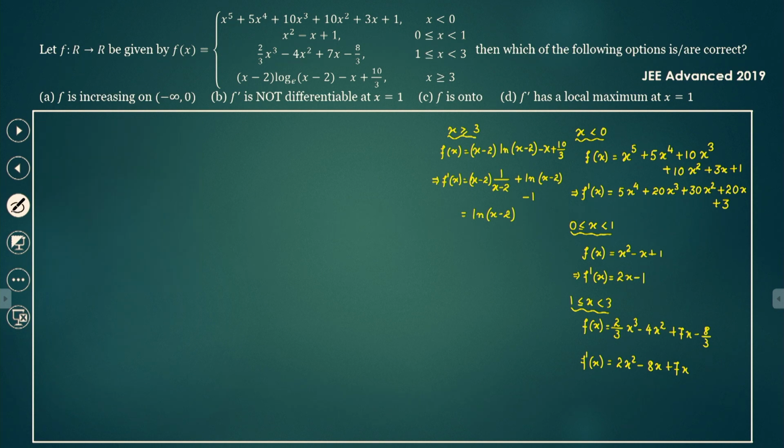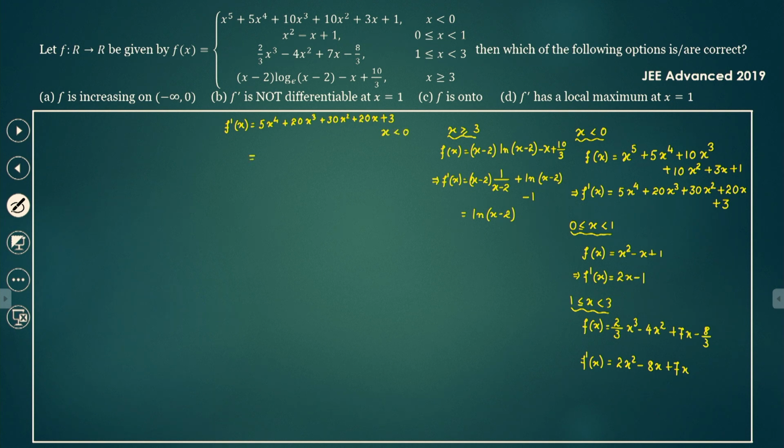My f dash x will be equal to 5x to the power 4 plus 20x cubed, then 30x squared, 20x plus 3. That's defined for x less than 0.